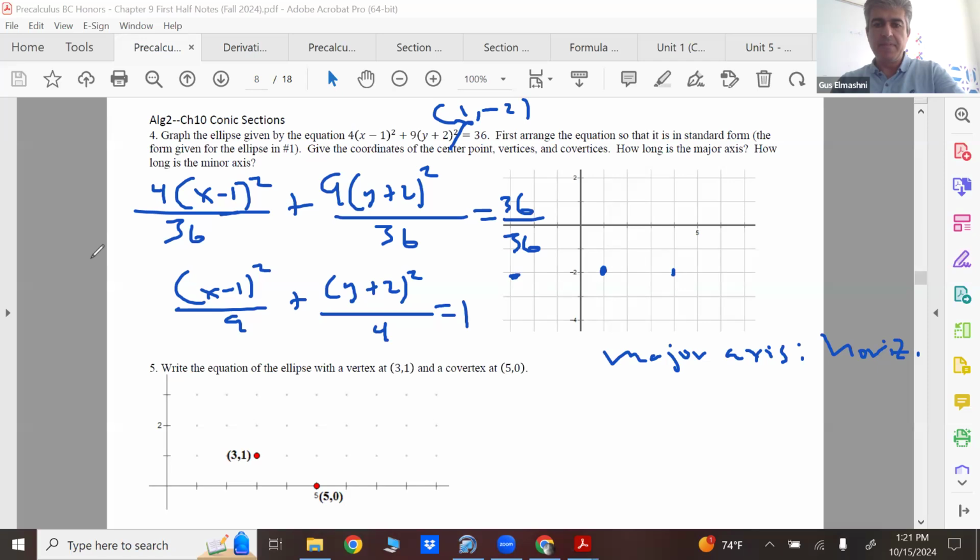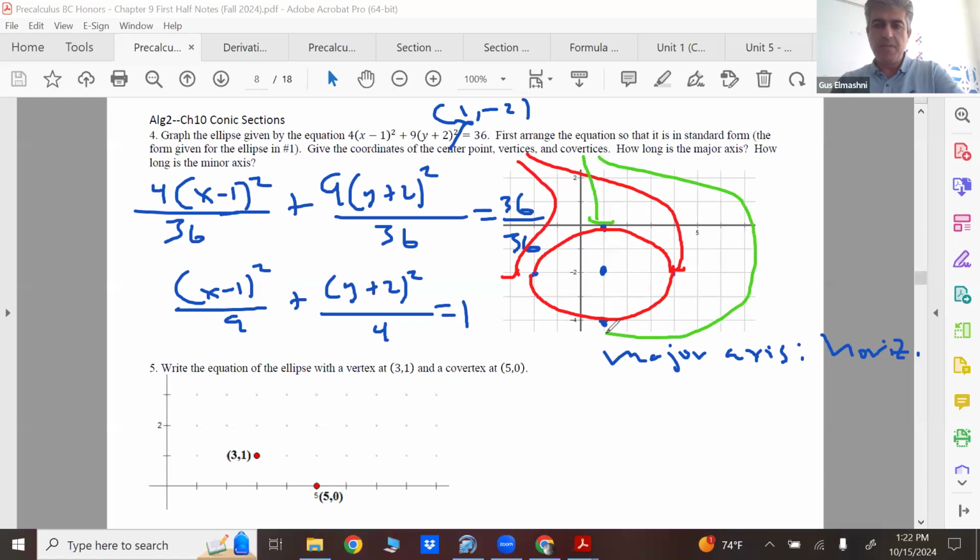Nope, too far. 2 up, and 2 down. So your vertices are here and here. Your co-vertices. The major axis is 6. The minor axis is 4.